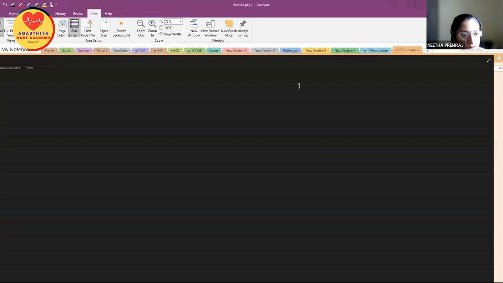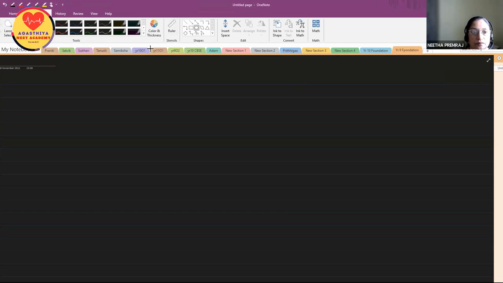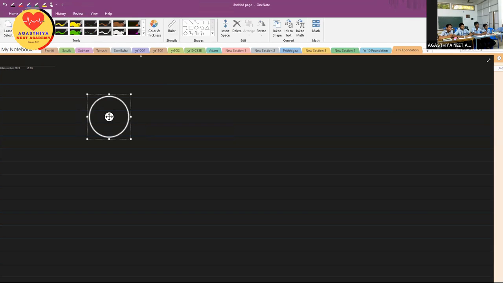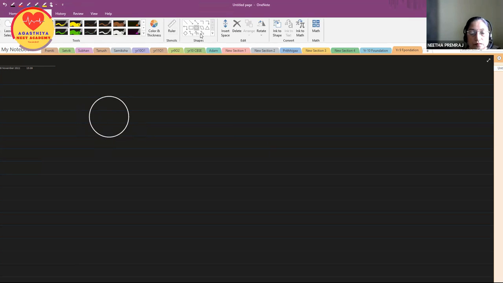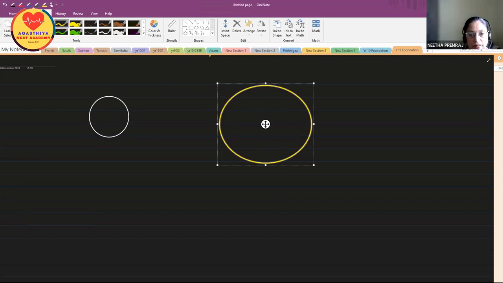I'll show you in a drawing. I'll be sharing my screen. I hope you guys can see my screen. So there are two circles, but they are different in size.